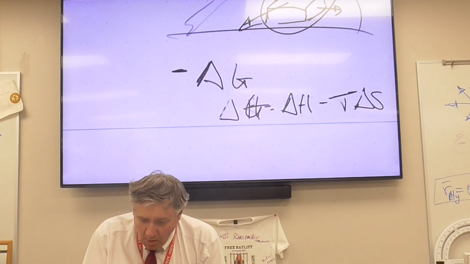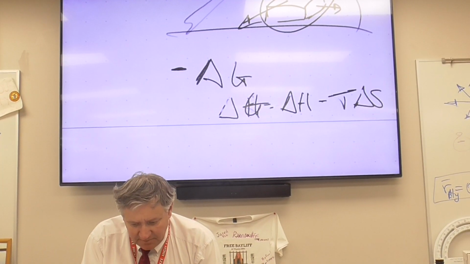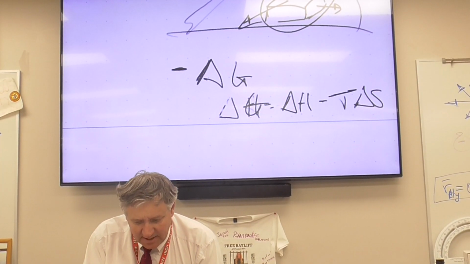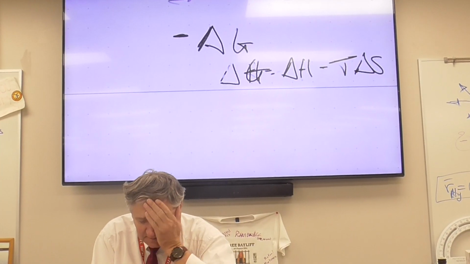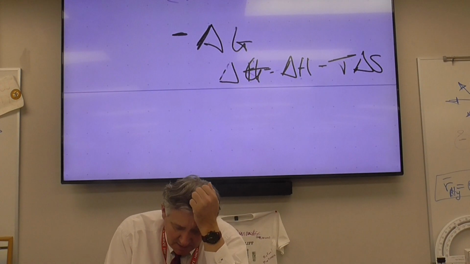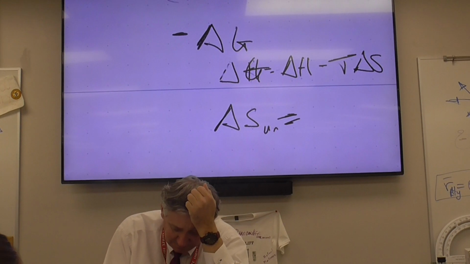So when you see that it's a spontaneous reaction, the system undergoes an entropy change of delta S of 42 joules per mole Kelvin. What can you conclude about delta S of the surroundings? If you look at this in terms of delta S of the universe, here's the other big one.